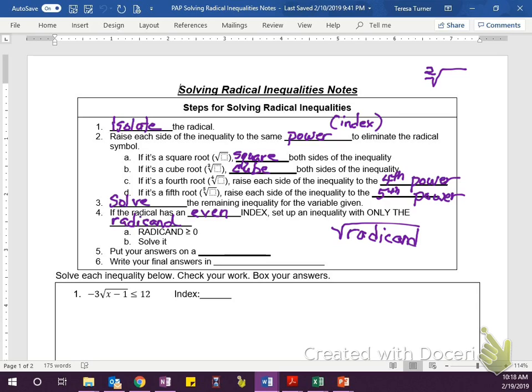Then you solve that and put your answers on a number line, because you'll get 2 answers and you have to see where they overlap. And then write your final answers in interval notation is what we're going to put here, but we'll do some of both. Some interval notation and some inequality notation.